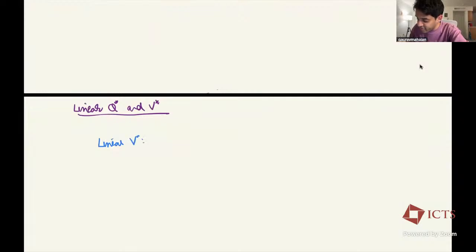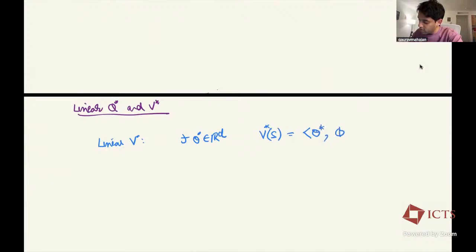We have access to features such that there exists theta star in R^d such that V star of s is equal to theta star times psi of s. So there are good features psi of s like this.